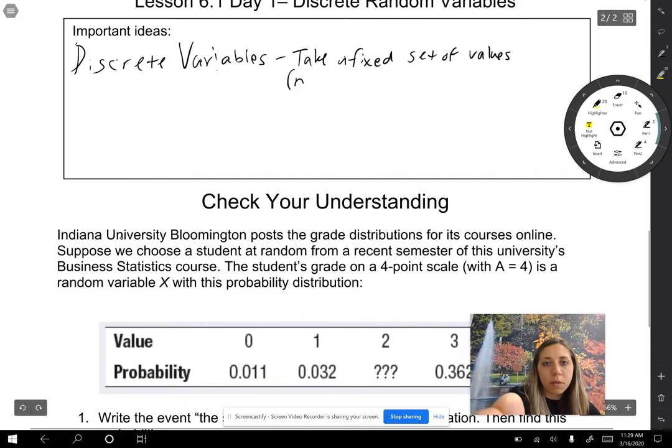Or I'm sorry. There are gaps in between. So meaning like you cannot have 2.5 siblings. So there would be a gap in between those numbers.